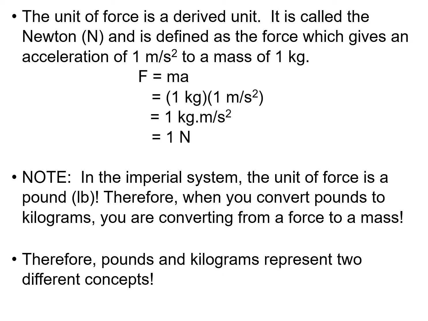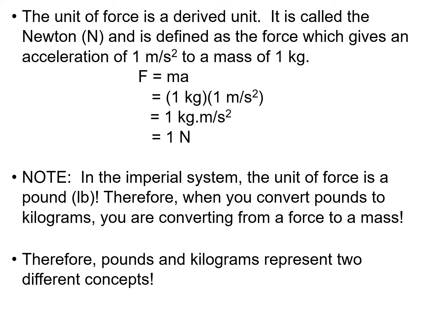But force equals mass times acceleration. This is important here. In the imperial system, the silly system we use here, the unit of force is a pound. In metric, a kilogram is a unit of mass. So when we convert pounds to kilograms, you are converting a force to a mass. If we want a force, though, we have to apply an acceleration.